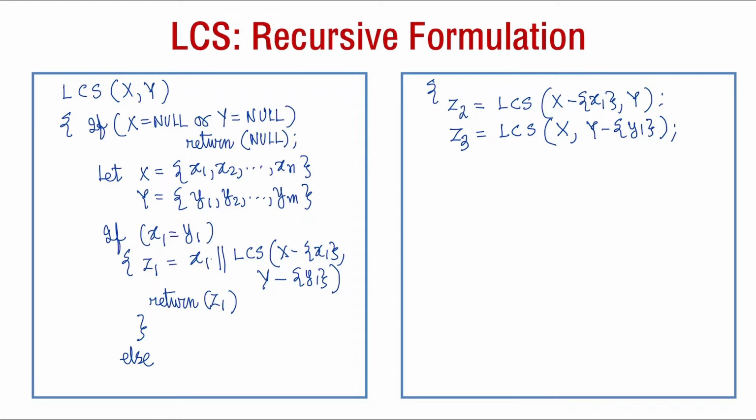And among these two, whichever happens, we find out Z is equal to max of Z2, Z3, and we return Z.